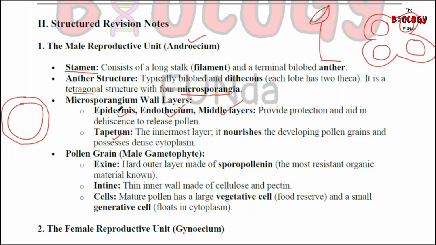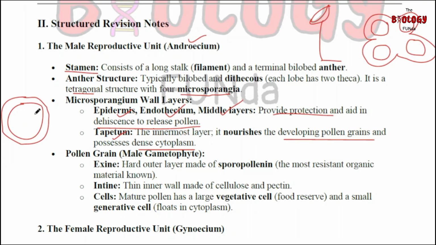Epidermis is the outermost layer, then in the middle there is endothecium, then middle layers, and lastly the innermost layer is the tapetum. The outer layers provide protection and aid in dehiscence to release the pollen grains. And the last layer nourishes the developing pollen grains and it possesses a dense cytoplasm.